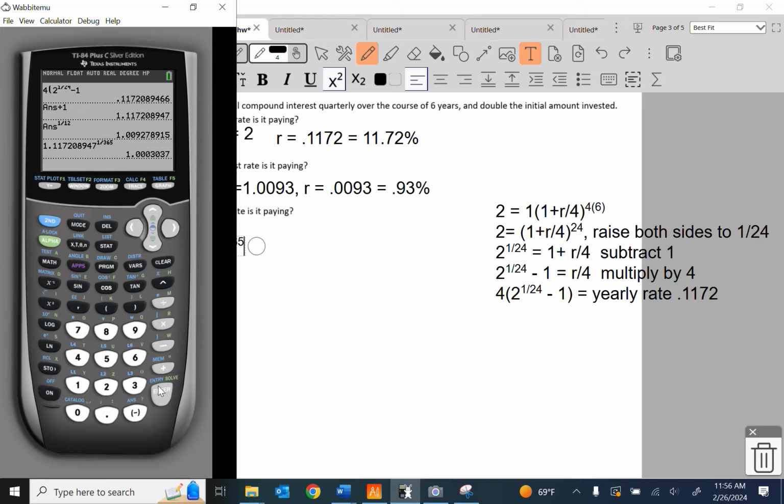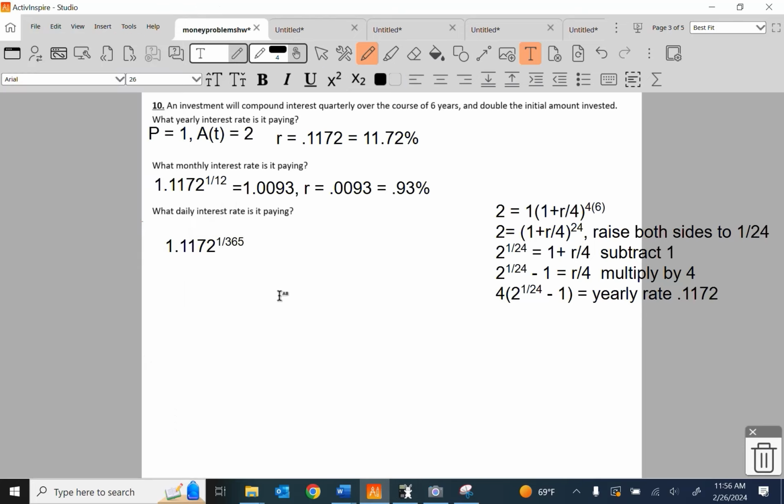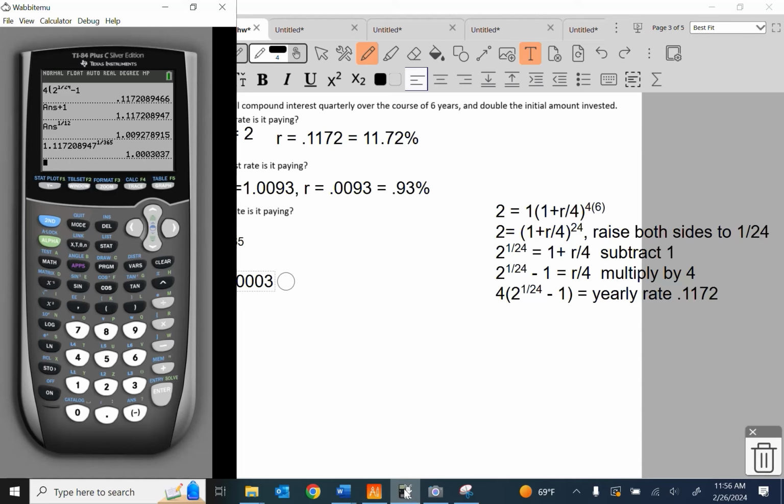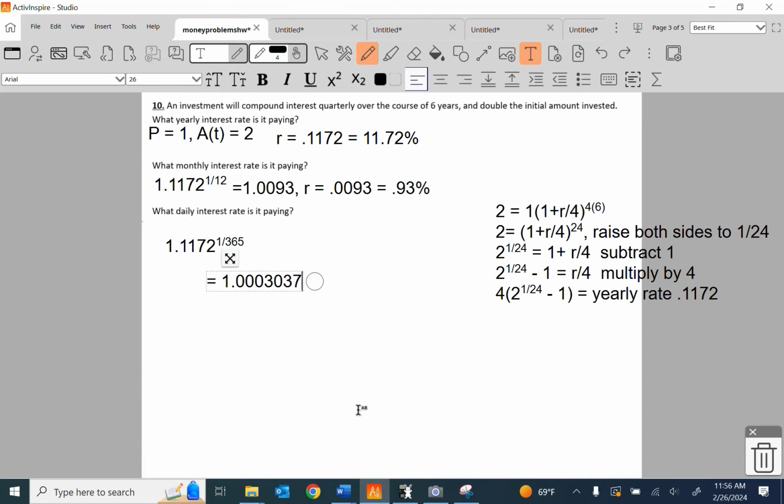I got 1.000337. If I shift that decimal 2 positions to the right, and I take away the 1. I keep forgetting to do that.